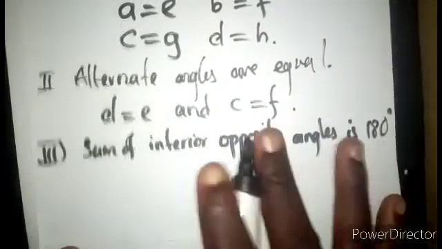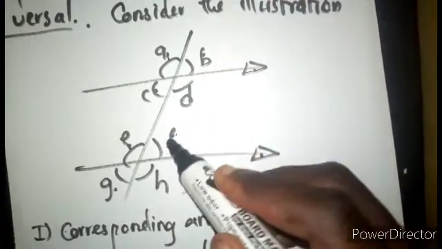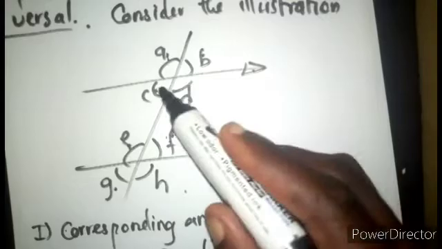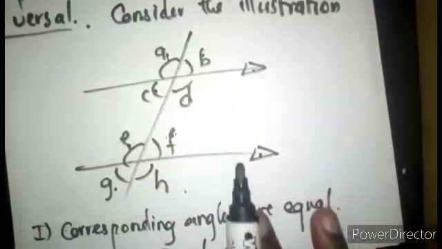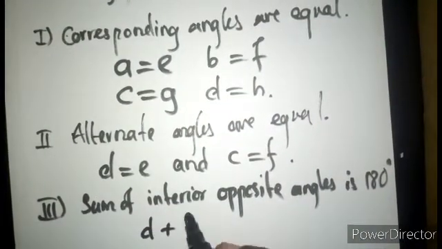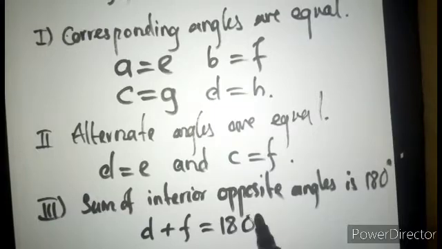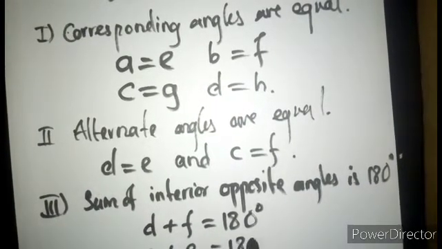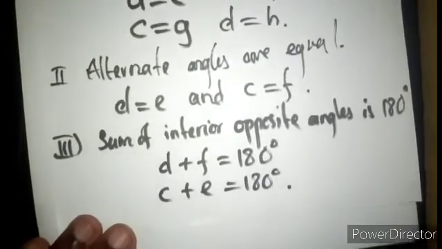We mean D and F are interior opposite angles. C and E also satisfy that condition. So we have D plus F equals 180, and C plus E equals 180. Exactly.